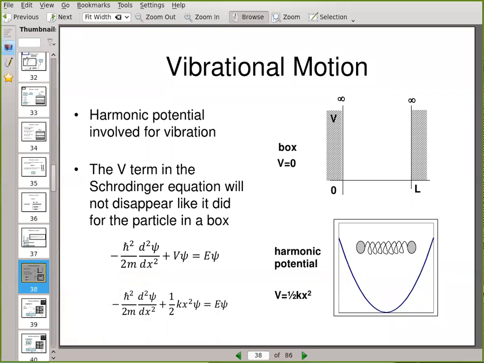And of course, kinetic energy, half mv squared, is also a quadratic term. So for kinetic energy you've got mass and velocity squared, and for potential, you've got a force constant times the displacement squared.